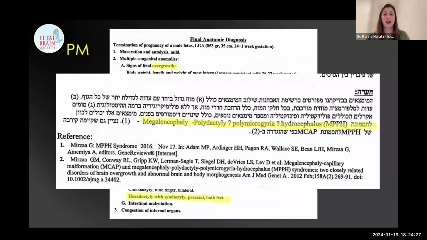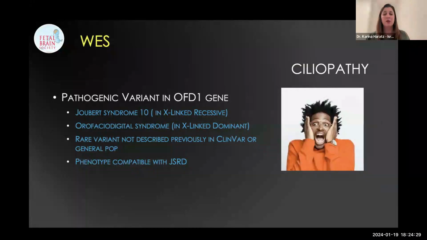But then comes Yuval with the diagnosis of the exome. And he says, okay, this is Joubert 10, ciliopathy. What? Ciliopathy. So how can a ciliopathy be related to this phenotype? Because we cannot understand the relation.